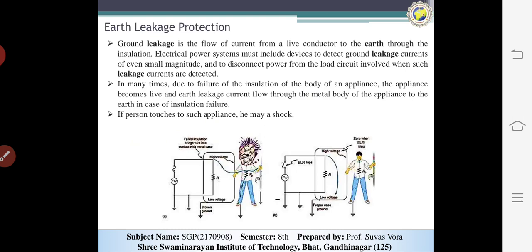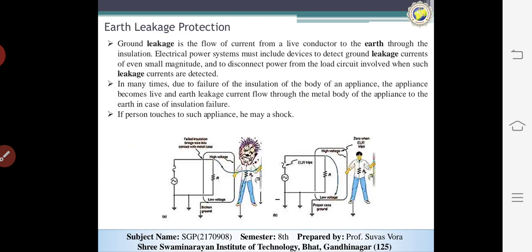When an earth fault or earth leakage is there, a small current passes through the system, and this current does not operate our MCB. Generally we know that when a fault occurs in our system and we touch the body, the MCB will trip.